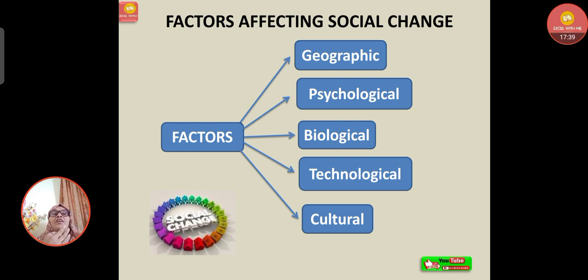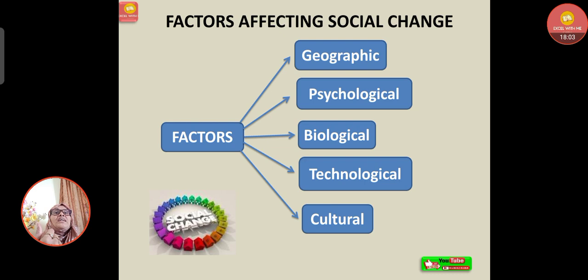Then fourthly, development of means of communication. How we communicated earlier, how we are communicating now. Each and everything passed so fast here. Technology is nothing but applied science which helps in bringing about social change with the changing needs of the society.